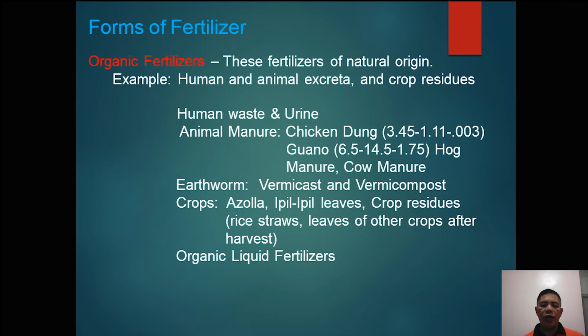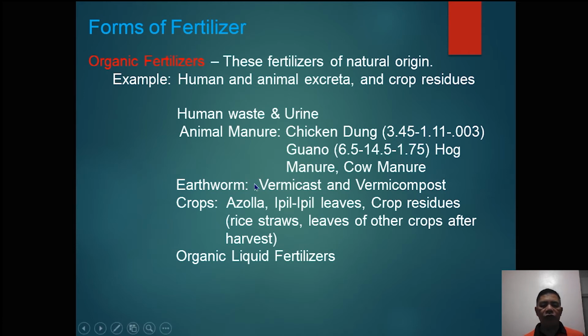In the case of guano, guano is actually excreta of bat. It has 6.5% nitrogen, 14.5% phosphorus, and 1.75% potassium. In the case of hog manure and cow manure, they have low percentage composition of NPK.